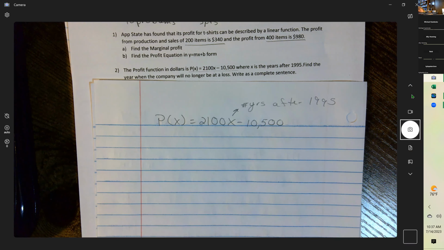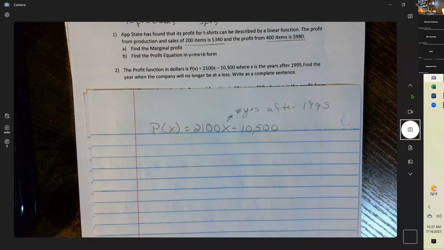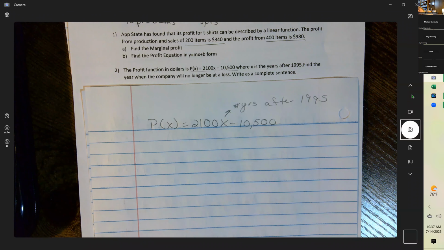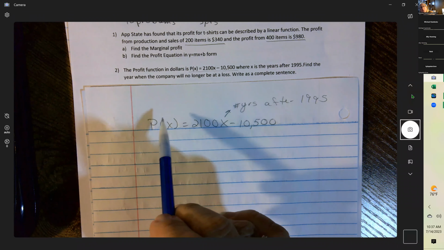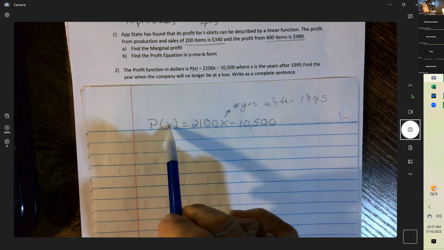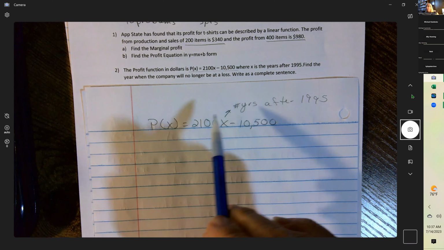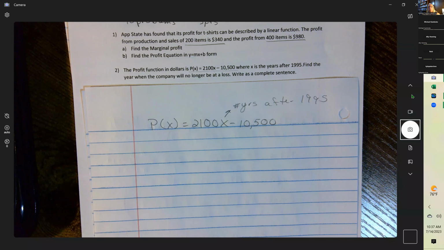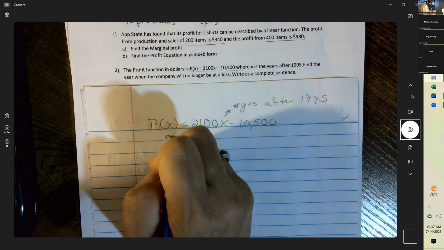So to find where it's no longer at a loss, remember that's also your break even. It's no longer at a loss when the profit is 0. So you're not losing money, but you're not making money. It's right where you start to make money. That means you let your profit equal 0.